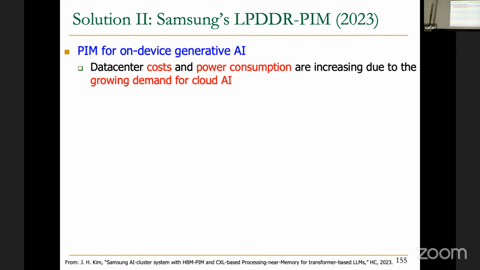The second solution that they propose is targeting mobile devices. So now they are not going to use these 3D stack memories for computation. They are going to use what is called low power DDR memories.